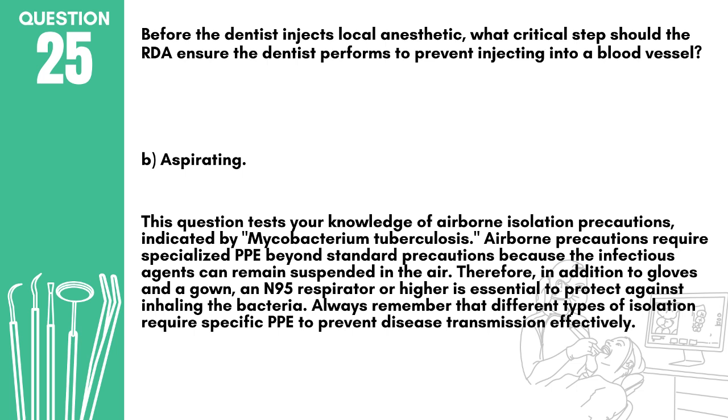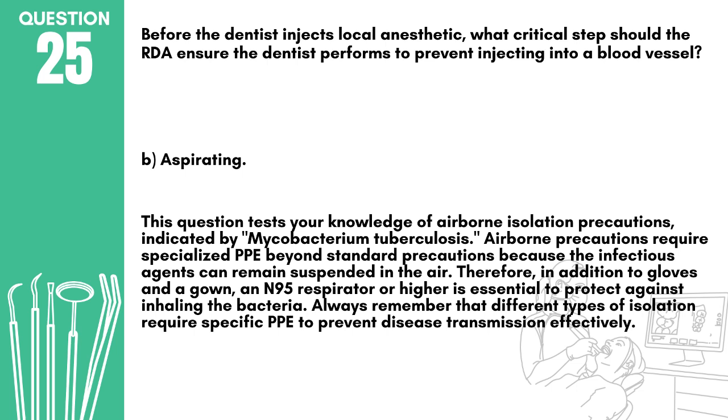Aspirating means the dentist pulls back slightly on the plunger of the anesthetic syringe before injecting the solution. This action creates negative pressure to check if blood enters the cartridge, indicating the needle tip is inside a blood vessel. If blood is seen, the needle is repositioned, reducing the risk of systemic complications.